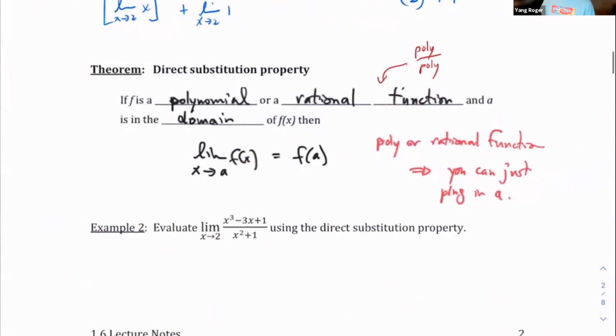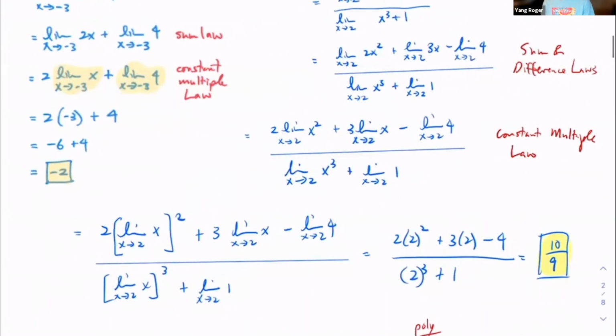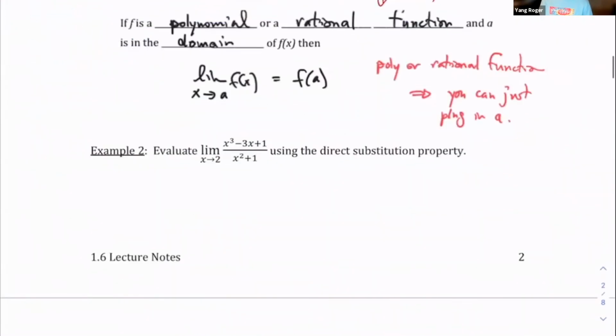As long as this number a is inside the domain of f of x, then you can just plug in the number. So you don't have to break it up into 10,000 steps like we did over there. You can just substitute the number in, and whatever the output is, that's the limit. All right. So that's great news for us.